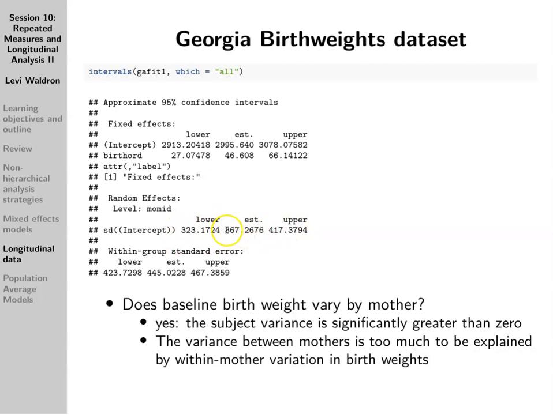So that is evidence for us that the baseline birth weight does vary by mother, because that subject variance is significantly greater than 0, and the variance between mothers is too much to be explained by within mother variance in birth weights. The confidence interval on the residual variance may be interesting, a little bit harder to know what to do with that. We would never really expect the within group variance to be 0 anyways.